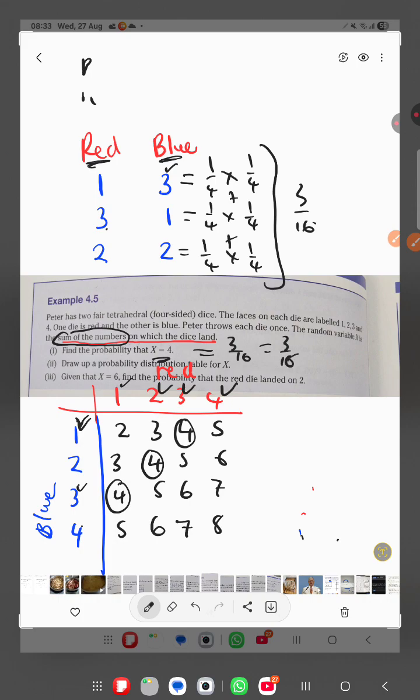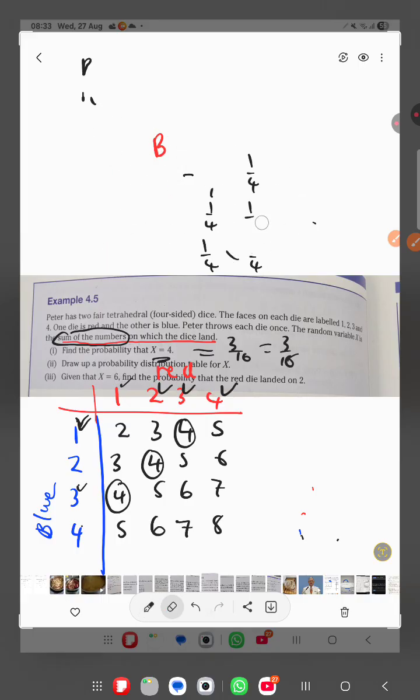The next one: draw a probability distribution table of X. Again, you think to yourself, X takes on what values? Let's define X. X is the sum of the numbers. Isn't that correct? True.